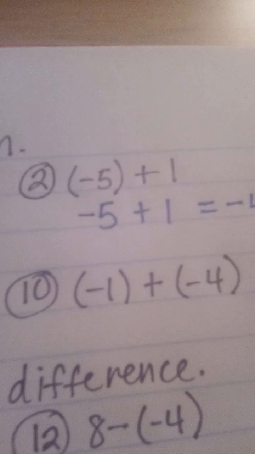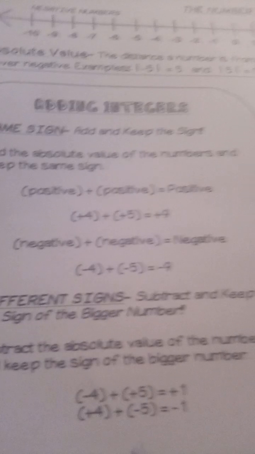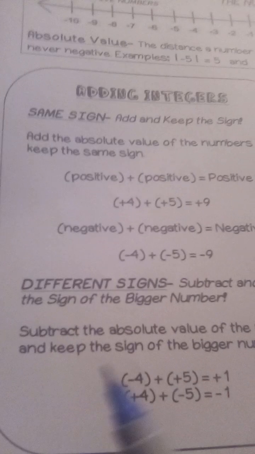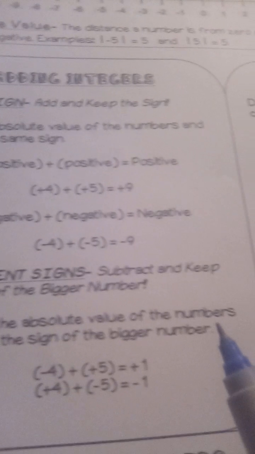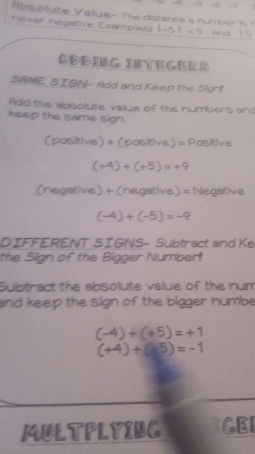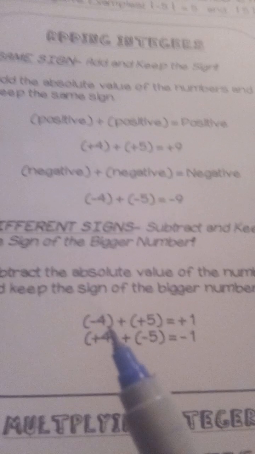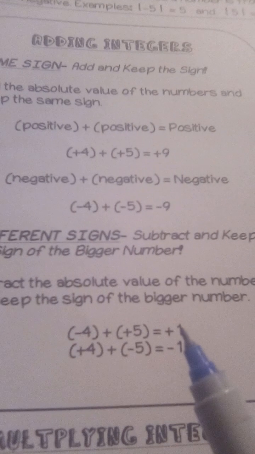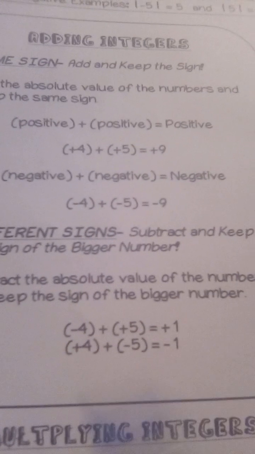Why? Watch this. I'm going to read this further. The last part says different signs, subtract and keep the sign of the bigger number. Subtract the absolute value of the numbers and keep the sign of the bigger number. Right? So we have like this, a negative 4 plus a positive 5, you keep the bigger number, which is the positive 1.